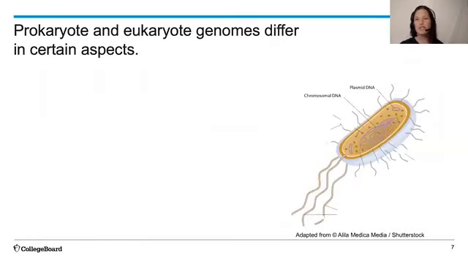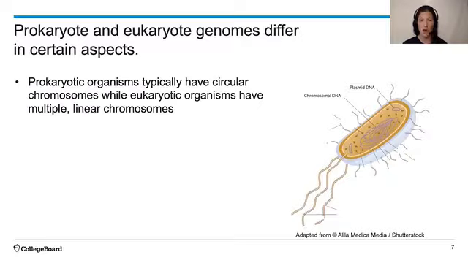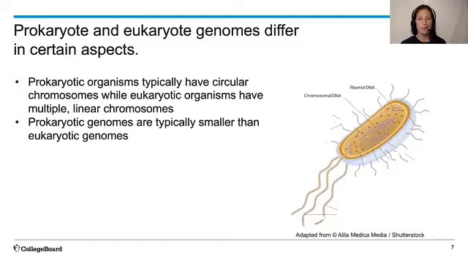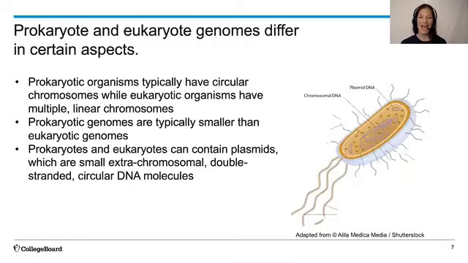So prokaryotes and eukaryotes are a little bit different. Their genomes have a couple of different aspects that we want to talk about. Prokaryotes typically have circular chromosomes, whereas eukaryotic organisms have multiple linear chromosomes. The prokaryotic genome is typically smaller than a eukaryotic genome, and prokaryotes and eukaryotes can contain plasmids.